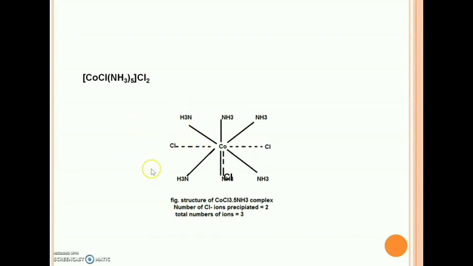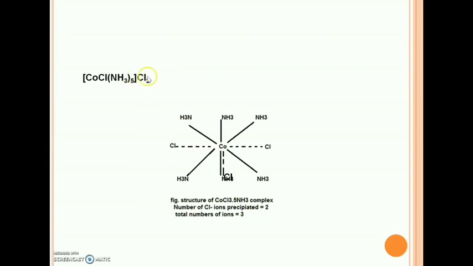This we can also test with an experiment: when we add silver nitrate to this compound, 2 moles of silver chloride form. That is, a white precipitate of silver chloride is formed, 2 moles of silver chloride.